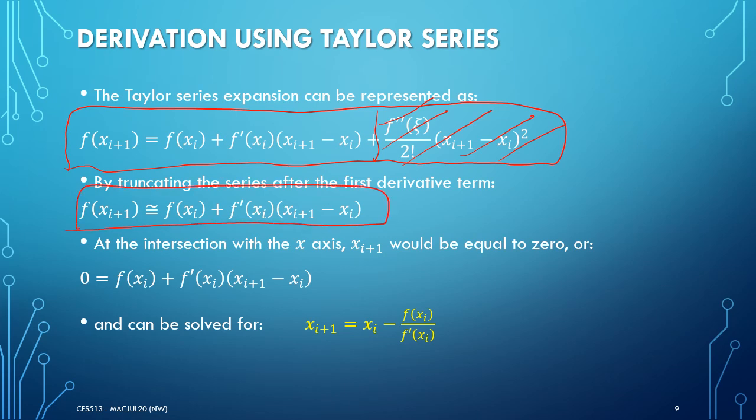So at the intersection with the x-axis, f(x_(i+1)) would be equal to 0, and you will get this formula. After rearranging that formula, you can get this, which is actually equal to the Newton-Raphson formula derived in the previous slides.